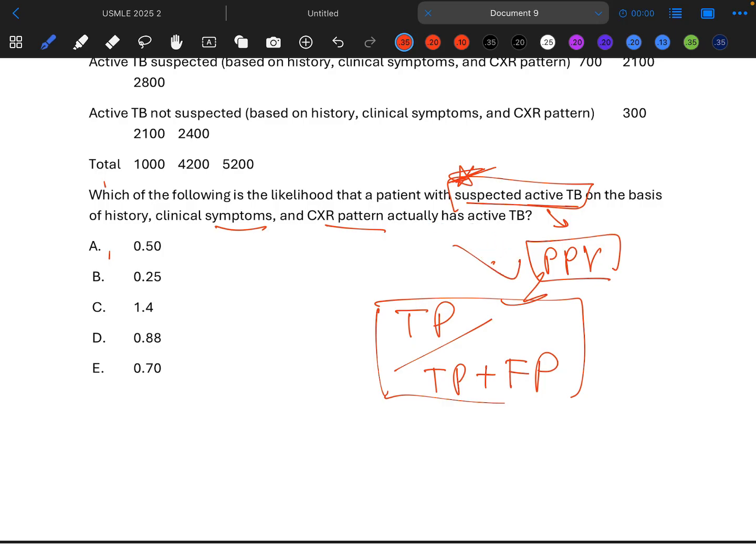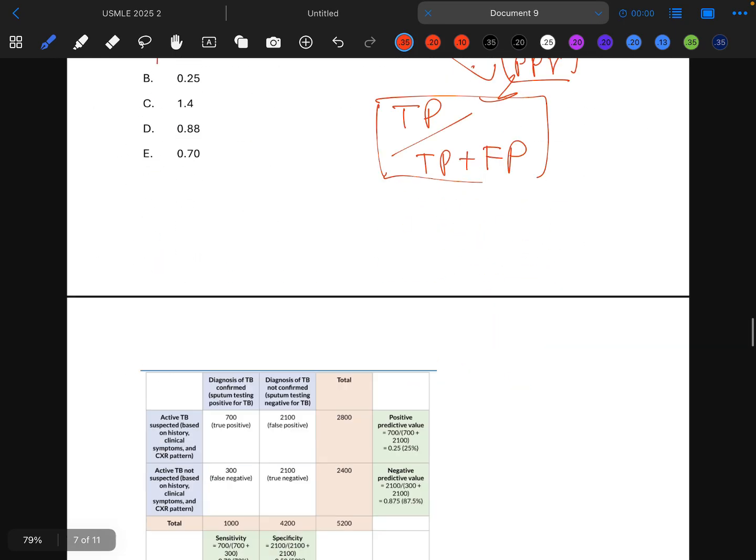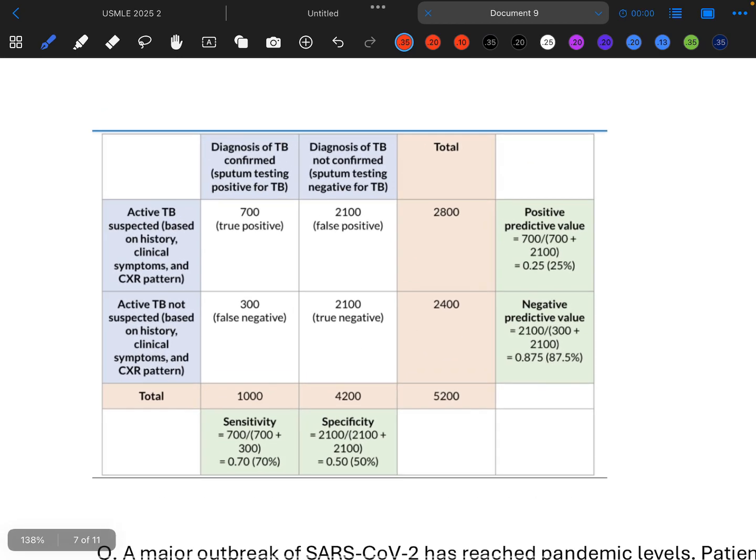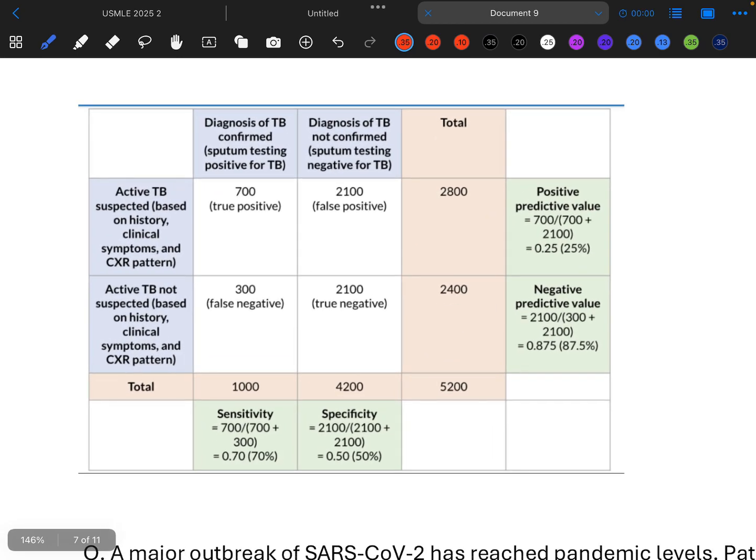And for the negative predictive value, the formula is true negative divided by the sum of true negative plus false negative. But now we are going to find only the positive predictive value.